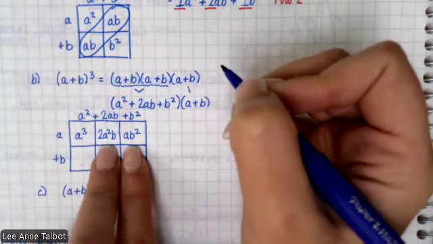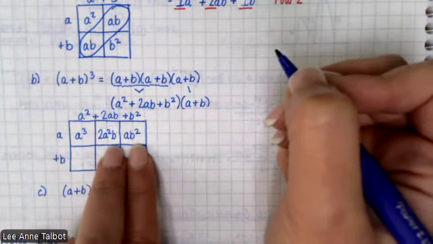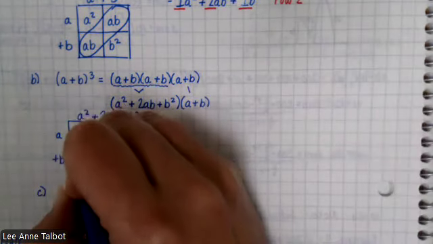And really be careful with the alphabetical order here when you're multiplying. Put the A's in front and the B's in the back. It will really help you.